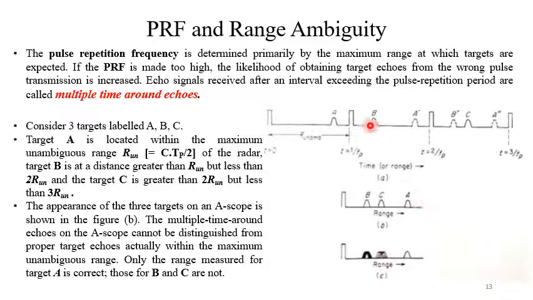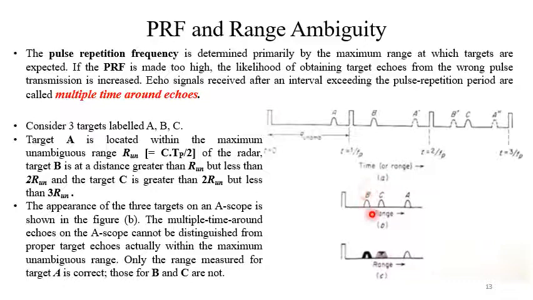It appears as if this B target is much closer, and C target, which is actually far away, its echo is coming in between B and A.